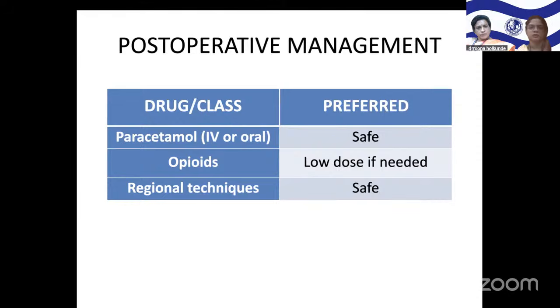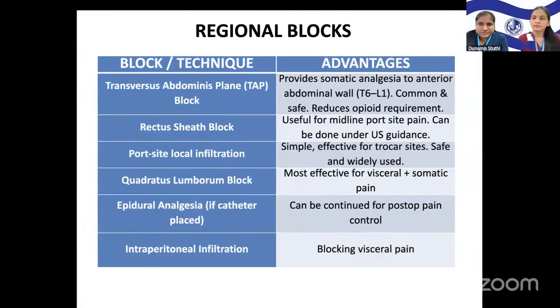What modalities of analgesia do you want to have in post-operative management? Ma'am, for the post-operative period, my preferred one is paracetamol, which is safer in pregnancy, and I go with regional techniques, which are again safer. These are some of the blocks which I prefer after the surgery. The transverse abdominis plane block with 0.25% bupivacaine, 20 ml on each side, and rectus sheath block, port site infiltration before the surgery, and quadratus lumborum block can also be given.